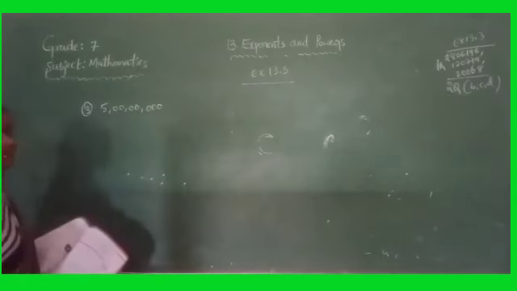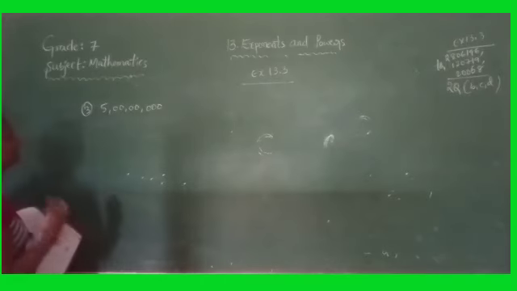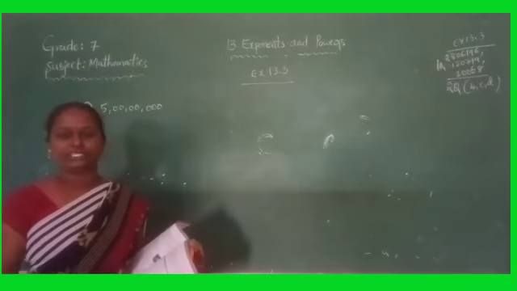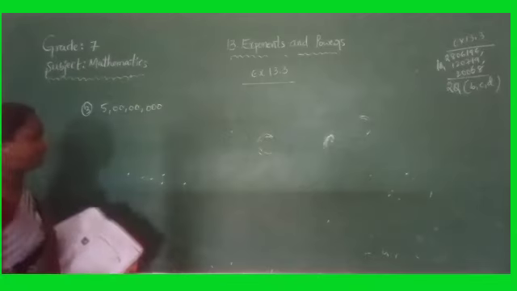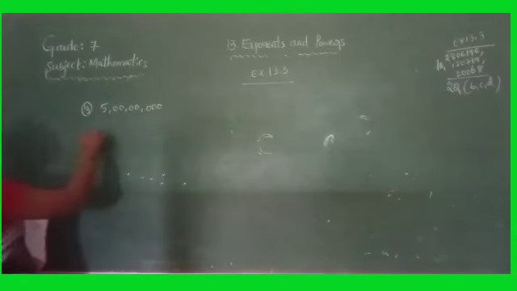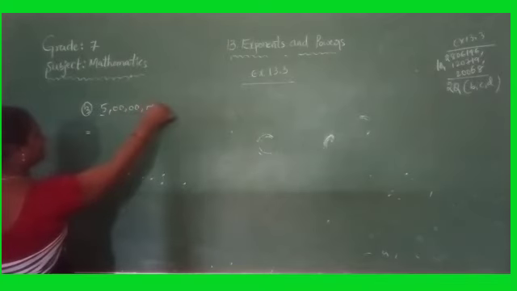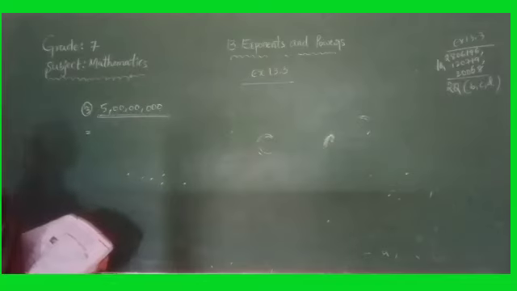Okay. Why are we writing all this? If large numbers are there, those numbers are not possible to read and write easily. To make it convenient, use the exponents. Right. So here 50000000. This number we have to write in the form of standard.